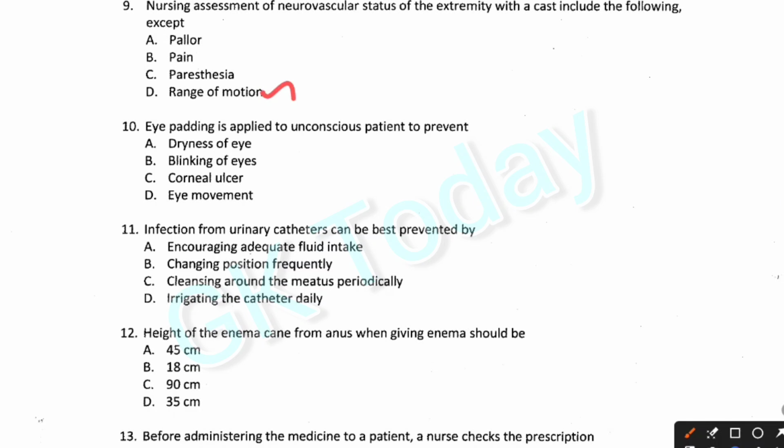Nursing assessment of neurovascular status of the extremity with a cast include the following except range of motion. Include pallor, pain, paresthesia. Correct option is option D, except range of motion.